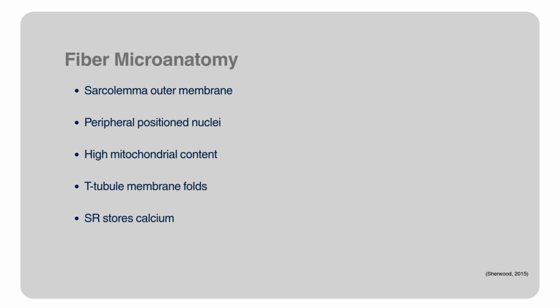Now, fiber microanatomy. When we zoom into the individual muscle fiber, we see several essential components. The sarcolemma is the outer membrane that conducts electrical signals. The nuclei, positioned around the edges, regulate protein synthesis for the large fiber. The mitochondria generate ATP needed for the contraction.